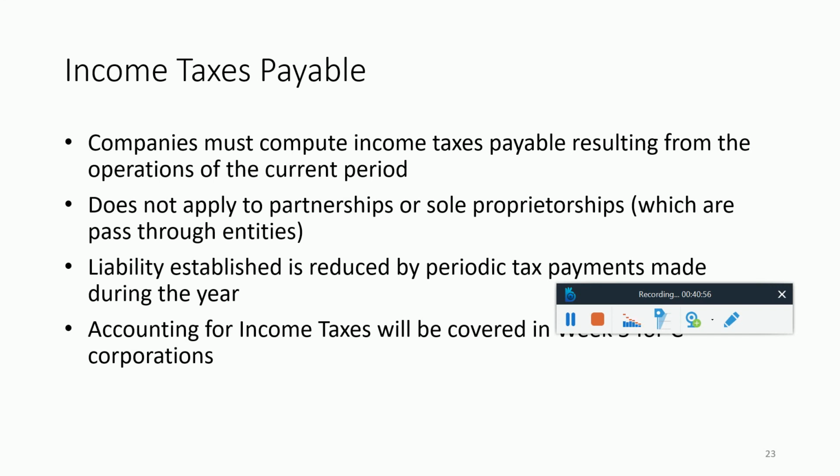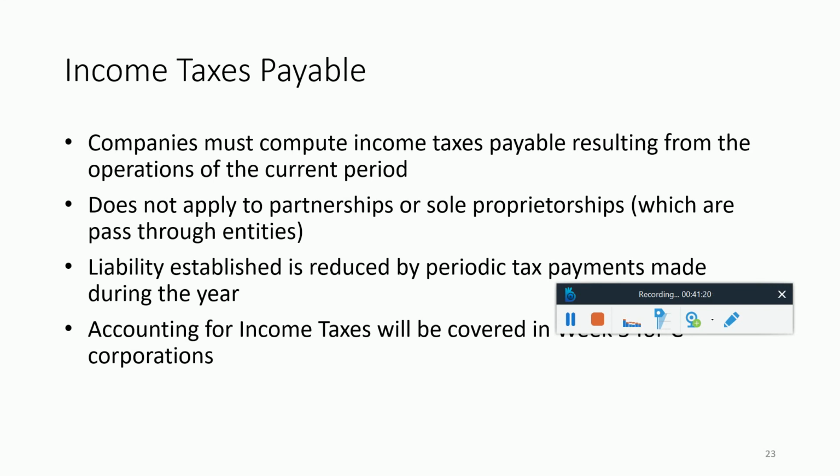And so they must compute their income taxes payable resulting from their operations in the current period. I mentioned before, this does not apply to partnerships or to sole proprietorships, which are pass-through entities, but the liability is created by debiting your income tax expense and crediting your income tax payable.